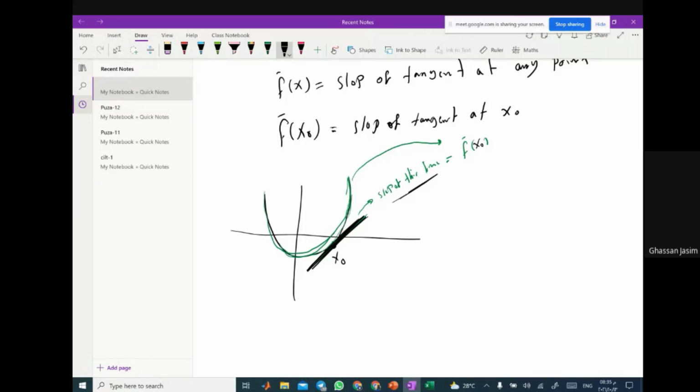You know, the slope equals 0 here because it is like the x-axis. Okay? The slope of the x-axis equals 0.